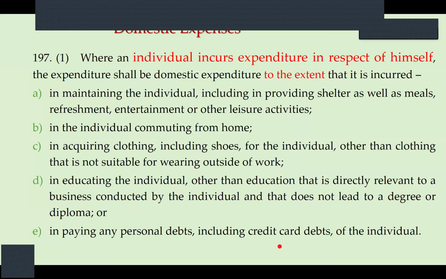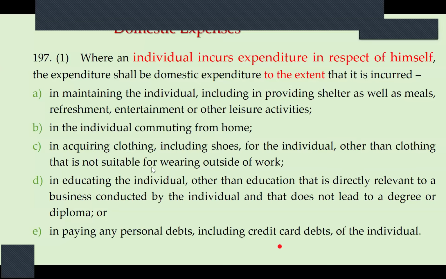That means after their work, they are going home in that sari. So even though that is a uniform, we cannot allow that kind of uniform as an allowable expenditure, because this specific clause is here: other than clothing that is not suitable for wearing outside of work.